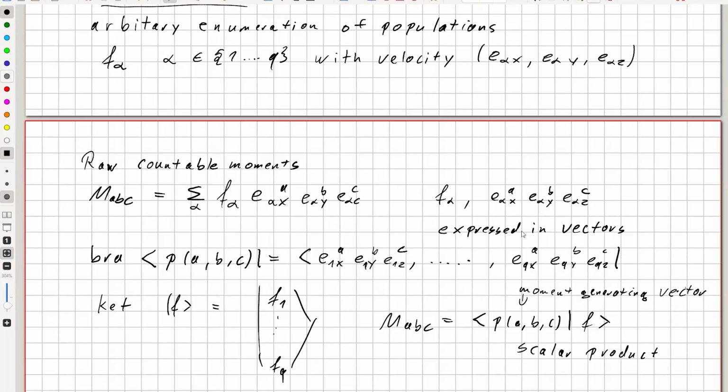People doing quantum mechanics like writing vectors like this with bras and kets.